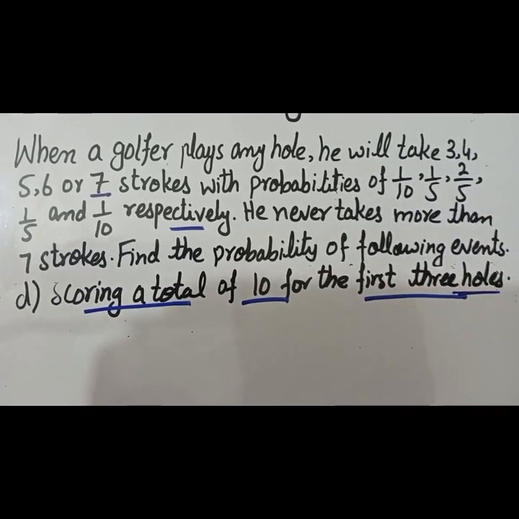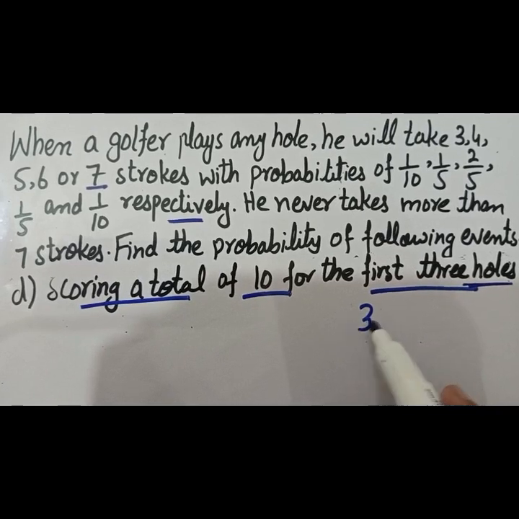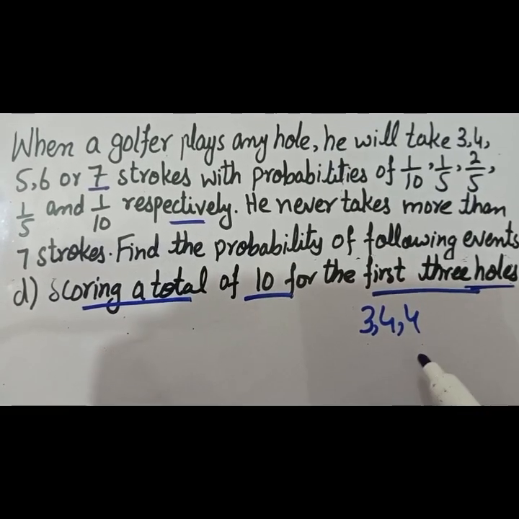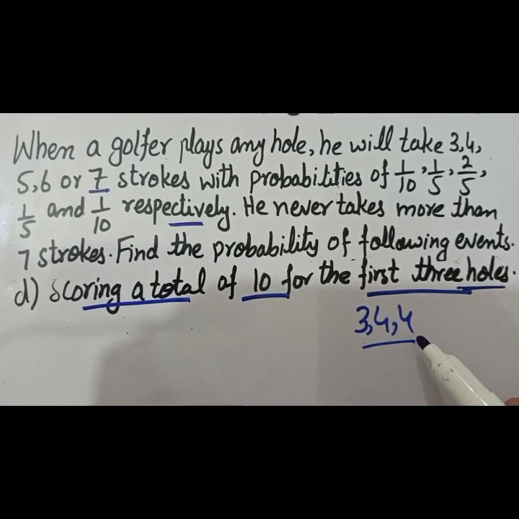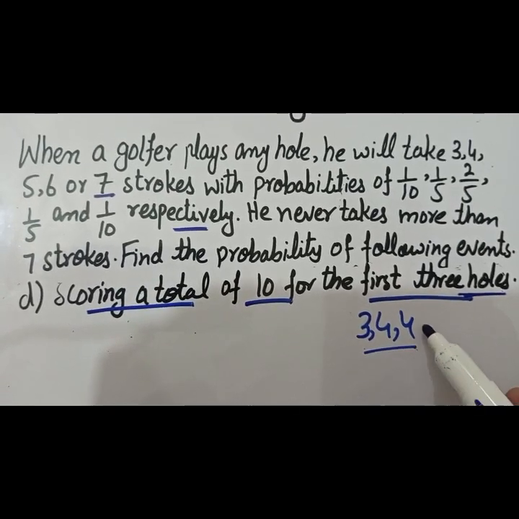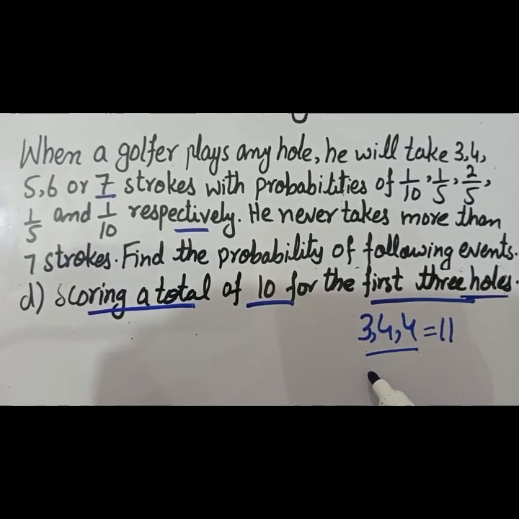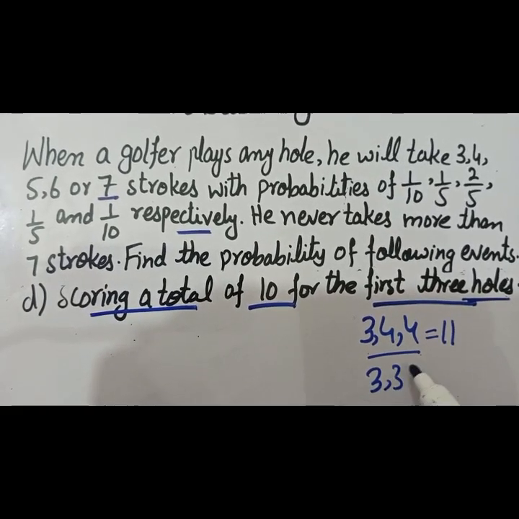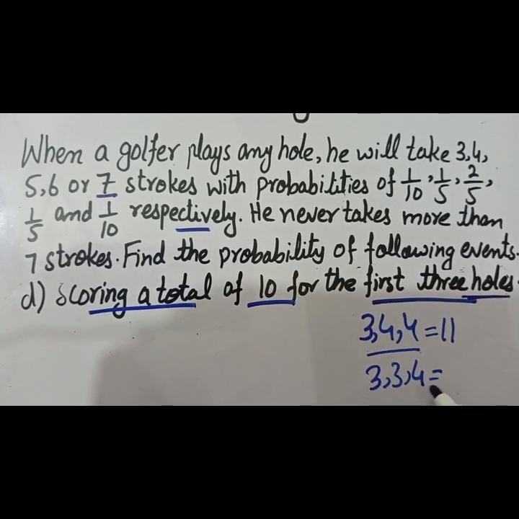If we get the rough clue over here, we know that 3, 4 and 4 is not equal to 10, that is equal to 11. But if we make the combination 3, 3, 4, we will get the answer 10. 3 plus 3 will be 6 and 4 will be 10.